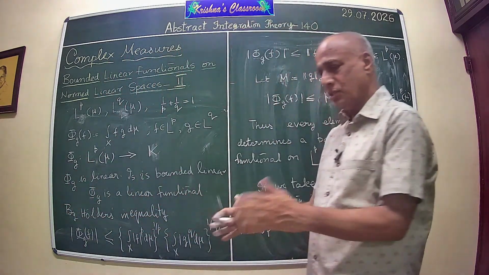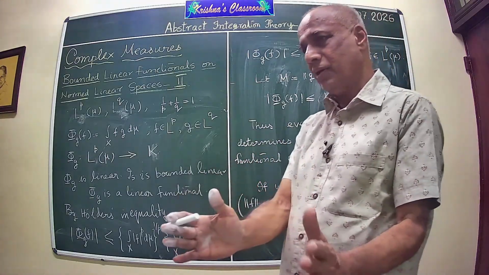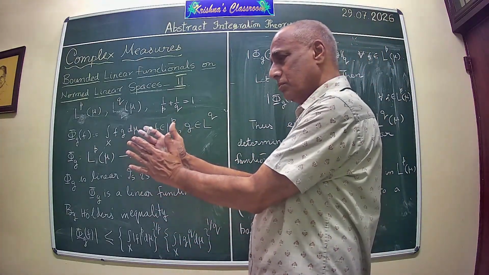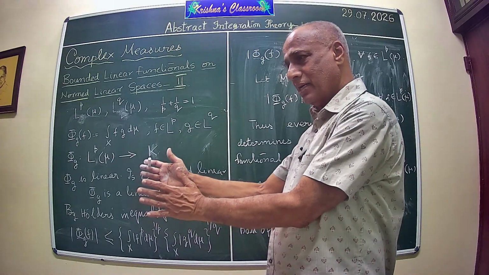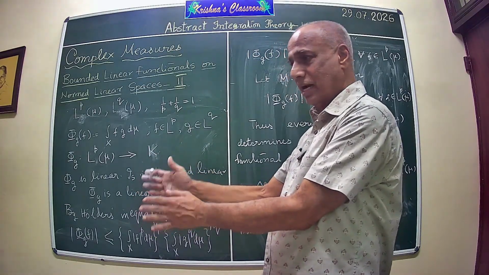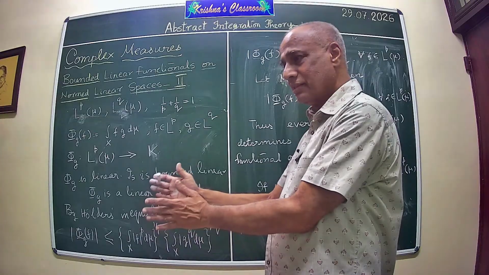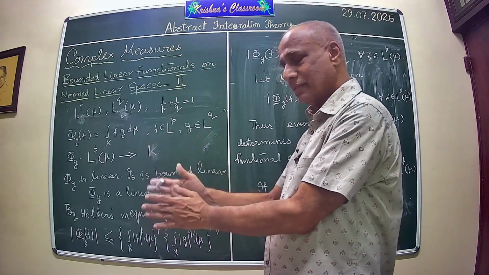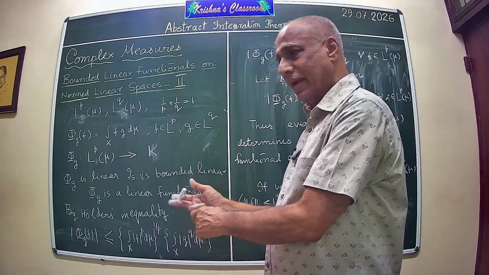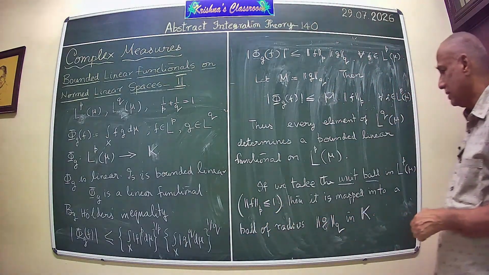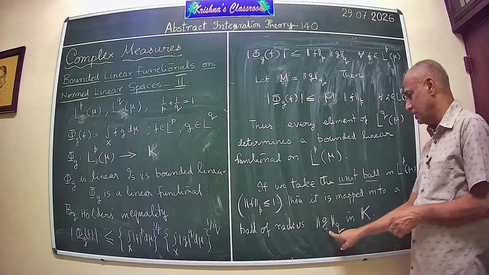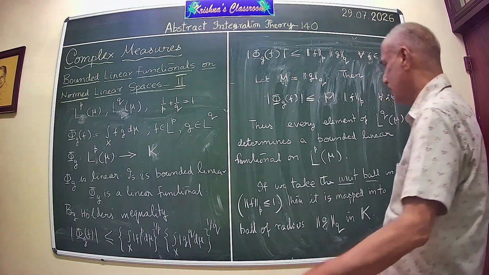And the unit ball in LP now goes into a ball in K. And what is the radius of that ball? The radius of this ball is, in fact, norm G Q.